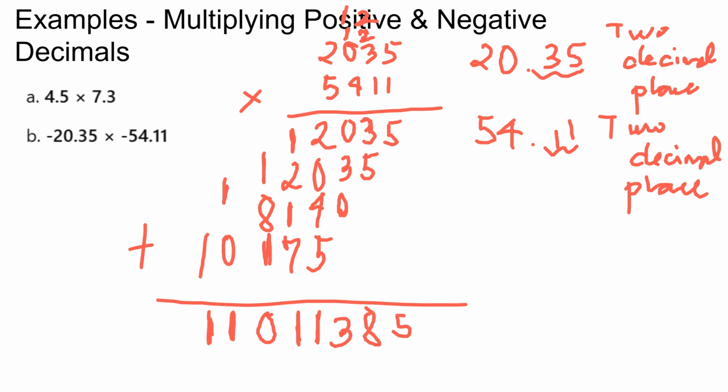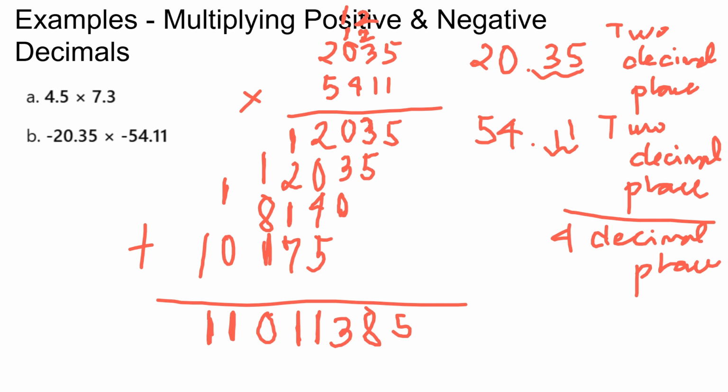Yes, okay. So the total would be four decimal places. Okay, and then the next thing is for us to count from right, because we're now placing the decimal point in our product.